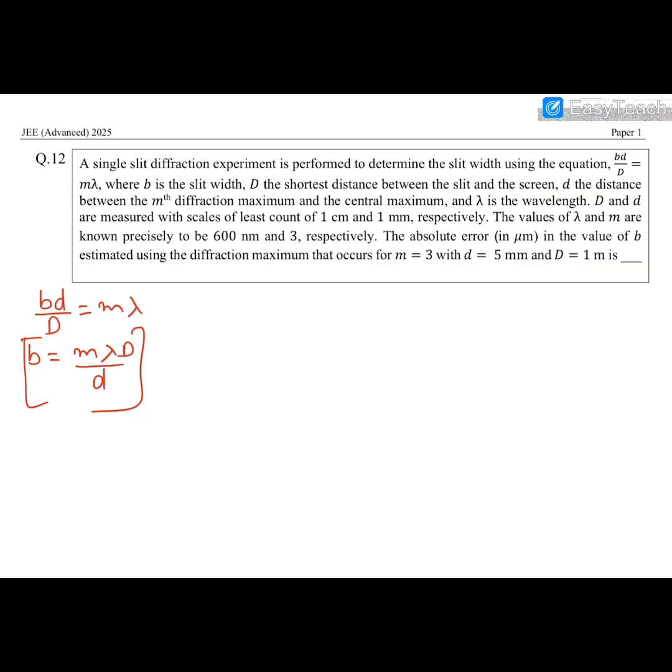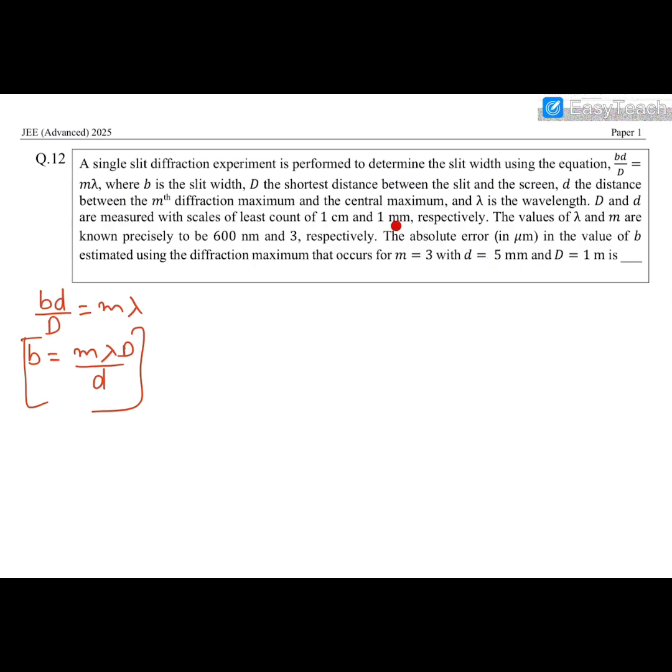But in this case, that method of differentiation is not valid, because you can see that the error in measurement of small d is 1 mm, because we know that when the errors in measurement of any quantity are not mentioned, then we always assume the least count of the device as the maximum possible error in that measurement value.